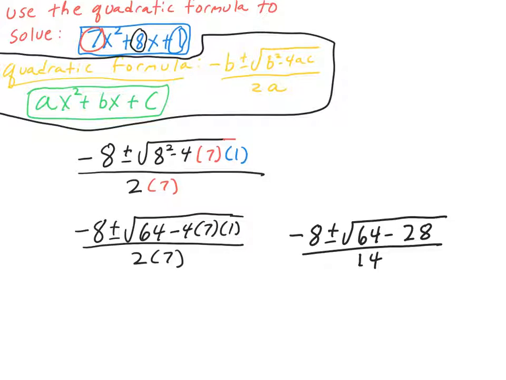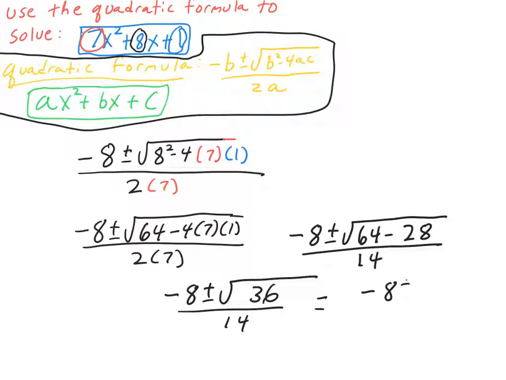Okay, so now we do the subtracting part. We'll get negative 8 plus or minus square root of 64 minus 28, which is 36, and over 14. And then the square root of 36 is just 6, so we'll get negative 8 plus or minus 6 over 14.